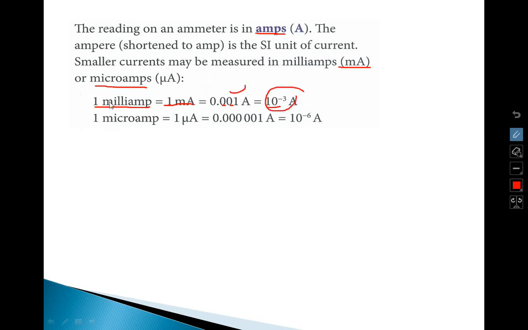They are all the same. 1 micro is what? It has 6 zeros: 0.000001 ampere, which is 10 to the power minus 6. So milli is 10 to the power of minus 3, and micro is 10 to the power of minus 6 ampere. It depends on the value of the current.